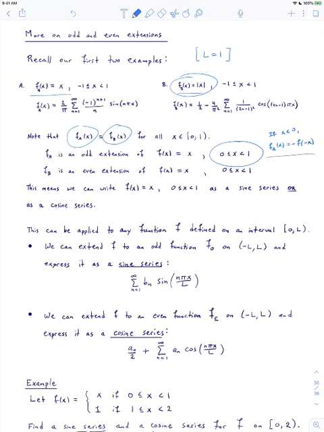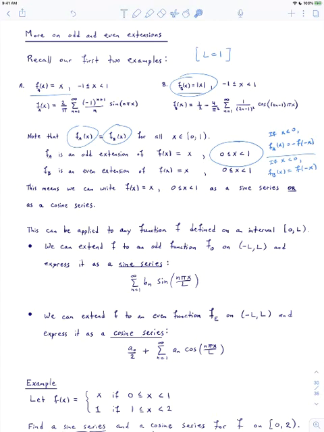If x is negative, you define f_b(x) to be equal to f(-x). Since we're assuming x is negative, the minus sign in front of x gives a positive number. So x is negative, so the opposite of x is positive. In this way you can get an odd extension or an even extension.